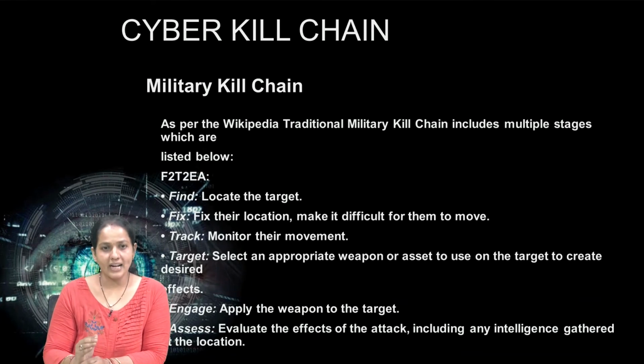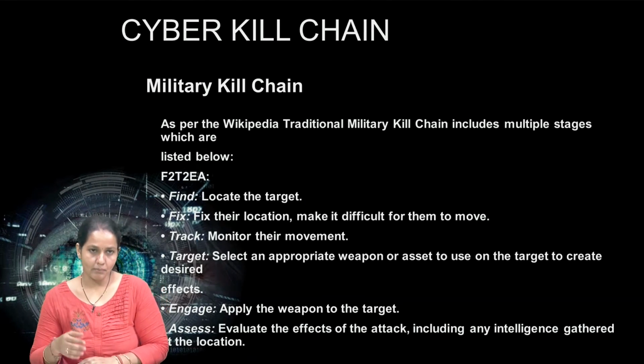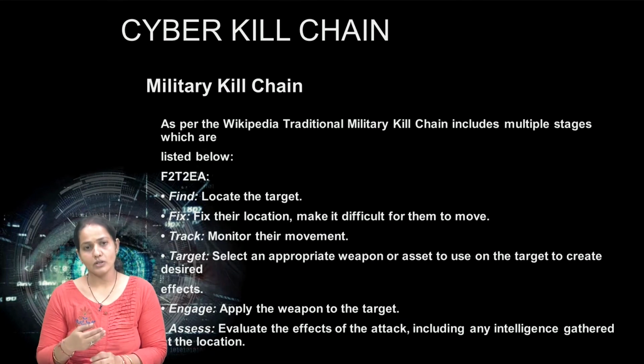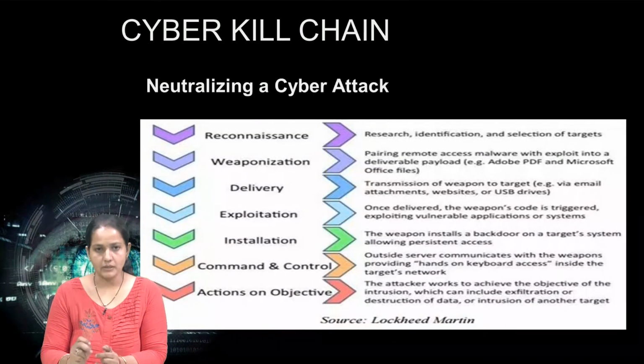Then engage: apply the weapon on the target. And assess: evaluate the effects of the attack. So find the location where the attack can be performed, fix the location and don't give movement rights, track and monitor the movement, target and select the appropriate weapon, engage and apply the weapon, and assess, that means evaluate the effects of the weapon.